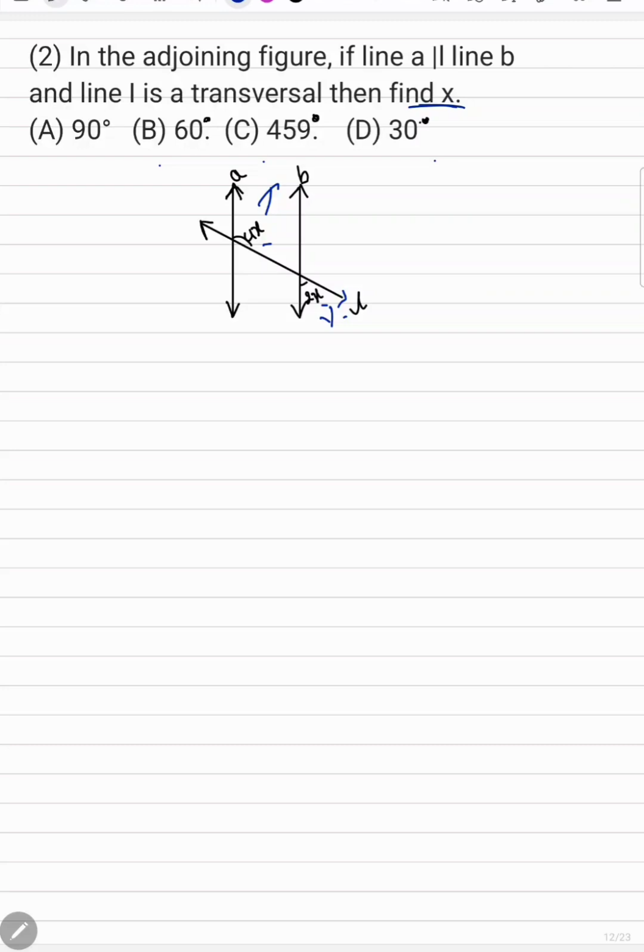So here we find the 2x, then 4x. What is it? 180 degrees. Why? It is the angle in linear pair.